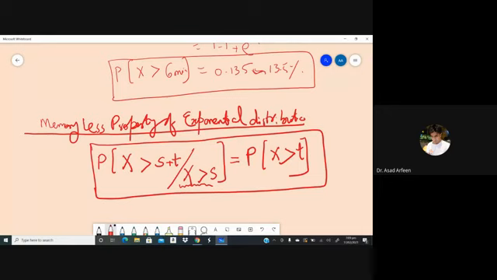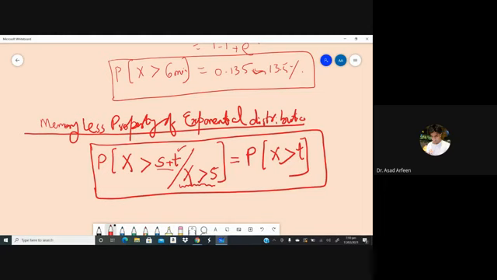If we suppose that random variable x is a waiting time, someone is waiting for a bus. Given that someone has already waited for s time, what is the probability of the additional wait, s plus t? It is equal to the probability that x is greater than t.